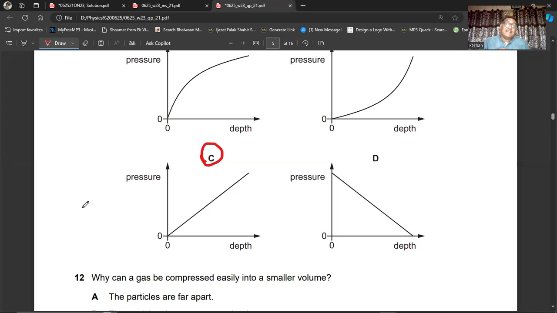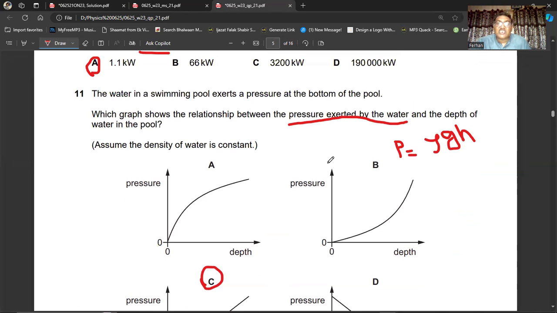But here they are talking about the pressure due to the water. So when the depth of the water above you becomes zero, the pressure due to the water on you becomes zero, although the atmospheric pressure is acting on you. But they are talking about the pressure due to the water. So this word is very important.